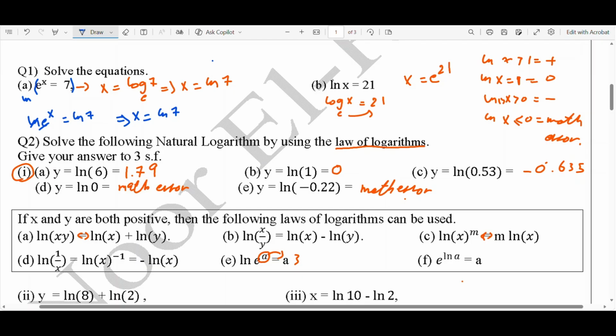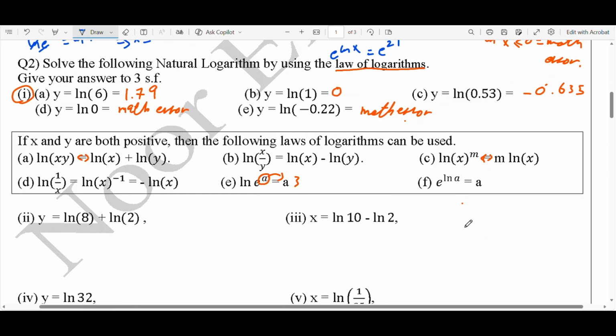Same here. I'm going to multiply by e. So it will be e to the power ln x equals e to the power 21. So x will be e to the power 21. This is easier than the previous method, and I'm going to use the new method to solve the remaining questions.